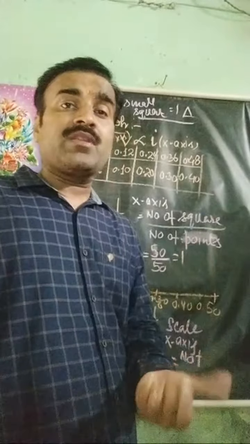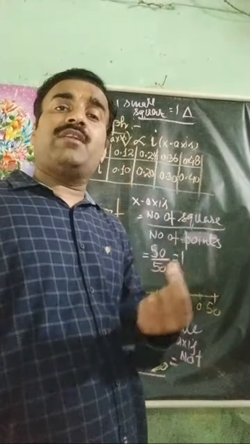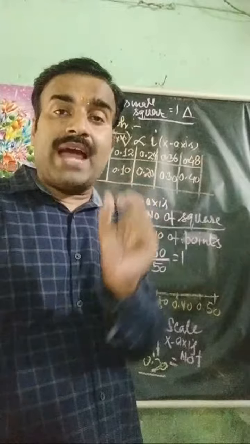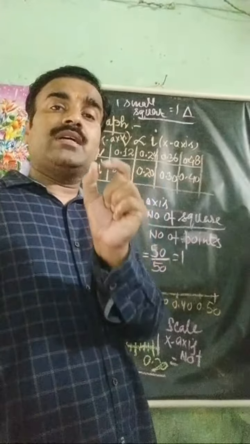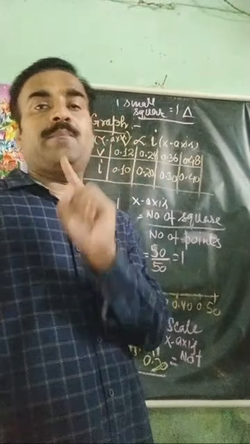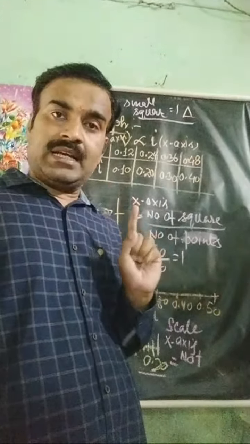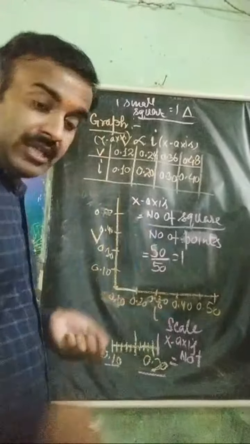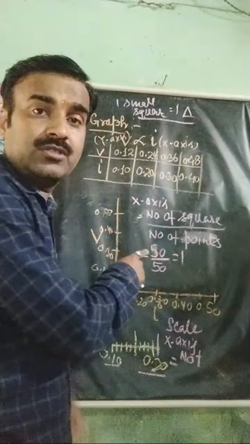So 50 upon 50 is 1. That means the value of one very small square division is 1 ampere.